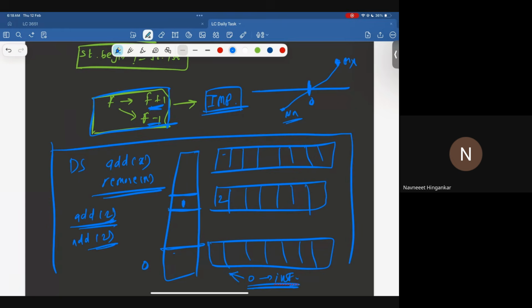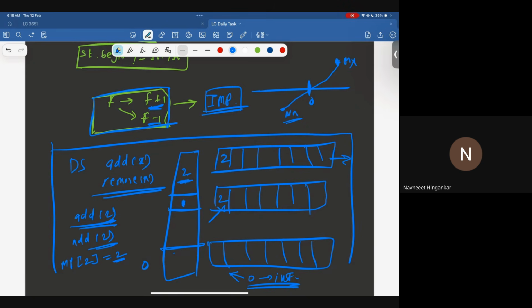The count of 2 becomes 2, right? So obviously I will store some map, or unordered hash map, you could say. So my map of 2 becomes 2. What I will do is push 2 here, but I will not delete 2 from here. When I am asked what's the maximum frequency, I will just check this top list.